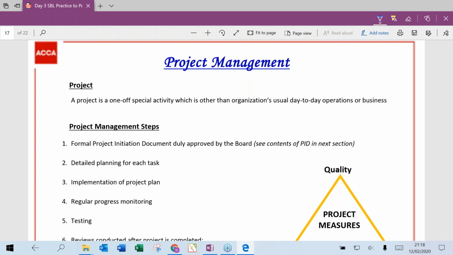So why do we, in business, talk about projects? Why is a project important for any business? For example, nowadays there is a lot of trend of online business, e-commerce. That's growing. That's the next future.